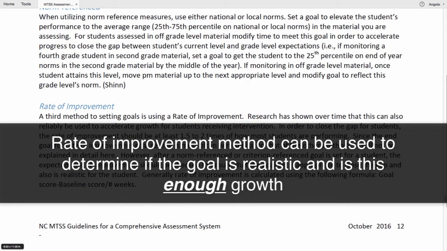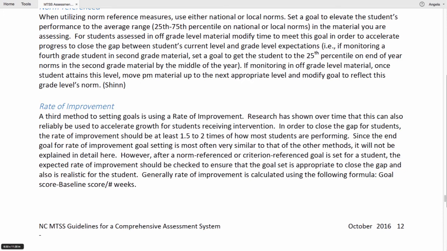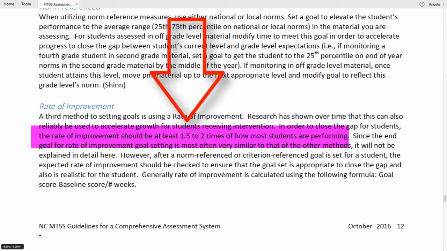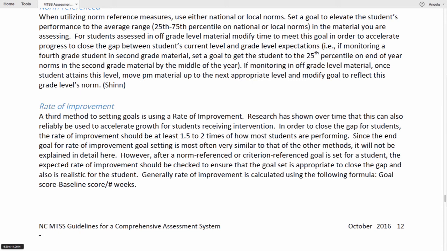And is this enough growth for this student to close the gap? Because typically what we want to do is we want to set ambitious goals where the student's growth rate or their rate of improvement is going to be about 1.5 to 2 times what we would expect from other students. This is because the student already has a gap, so in order to accelerate their progress, their growth has to be faster.